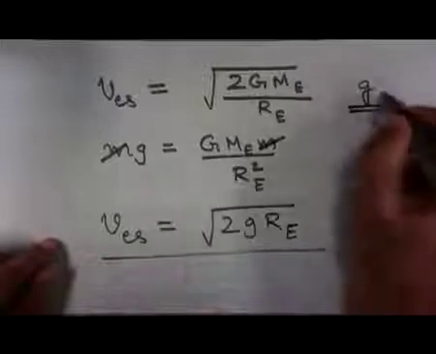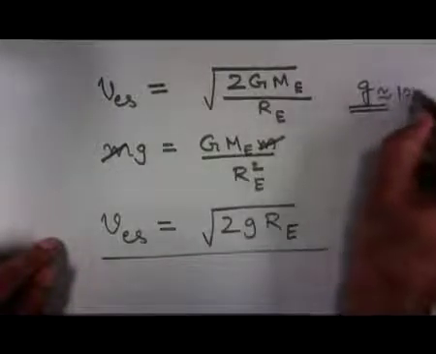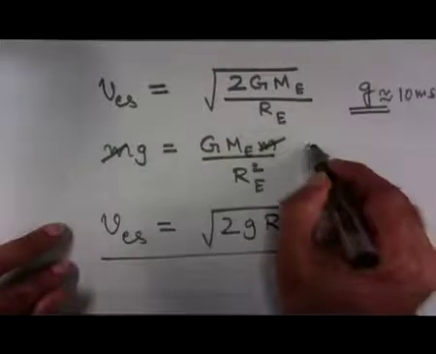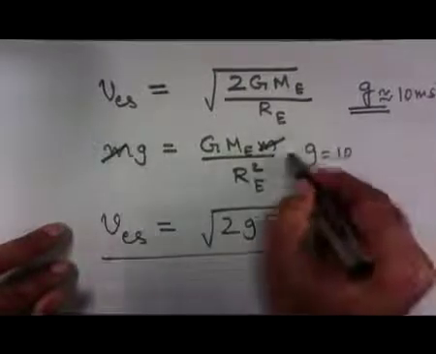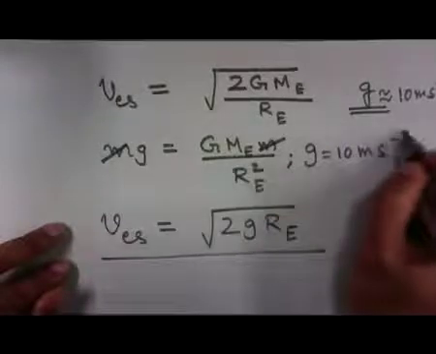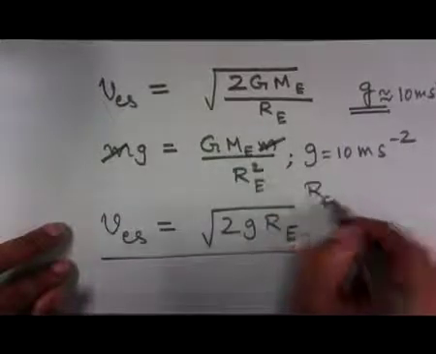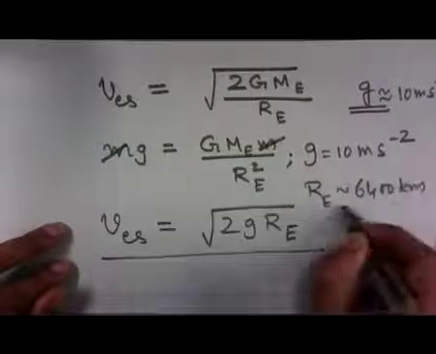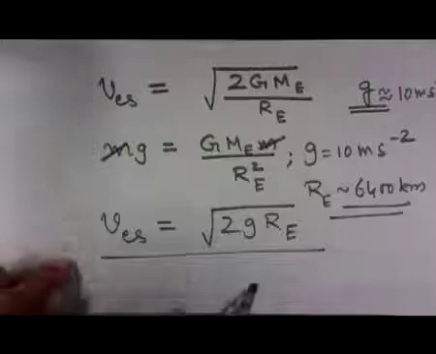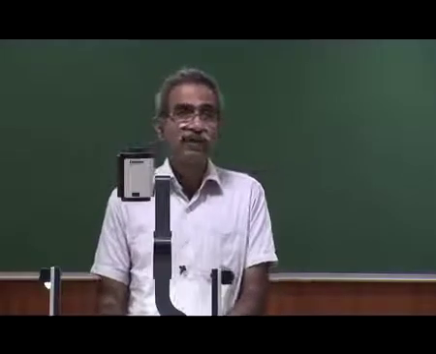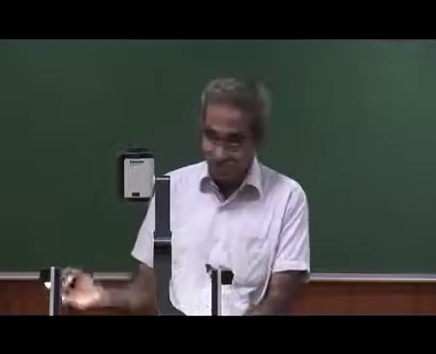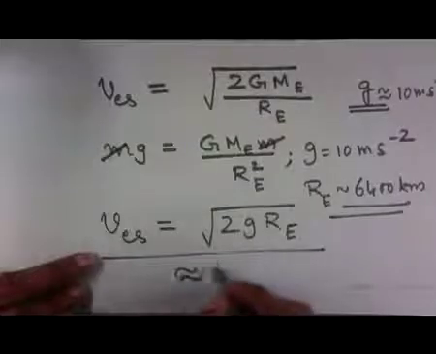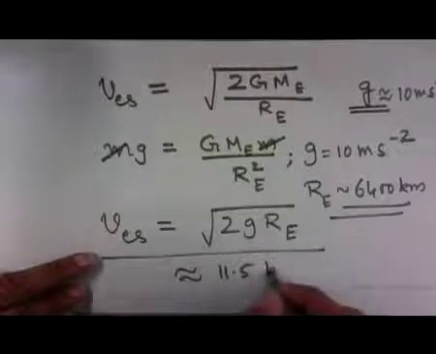And we all know g is of the order of 10 meters per second squared, and the radius of the earth is roughly 6400 kilometers. So if you substitute, you will get a velocity around 11.2, 11.3, 11.6, and so on. So whatever it is, let us say it is of the order of 11.5 kilometers per second.